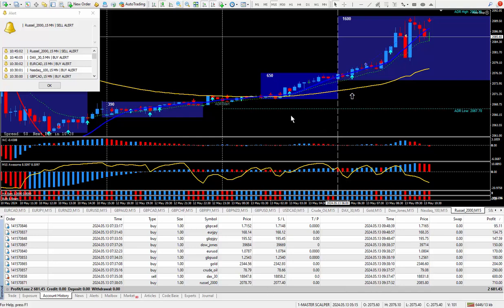Just to let you know that some traders have been asking what's the difference between one of my systems and the previous one. Well, I changed something on the top, I changed something on the bottom. That changes the way you have to enter the trade, manage the trade, close the trade. And every time I add something new, the system is a little bit better.